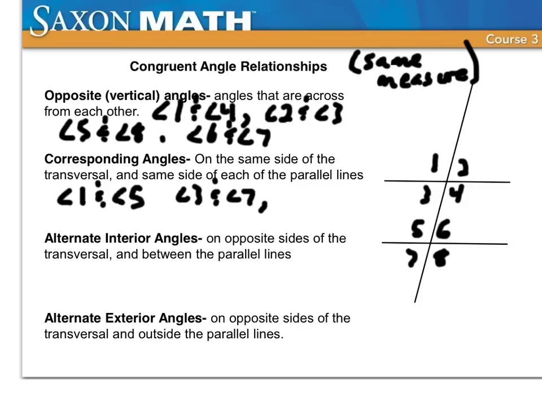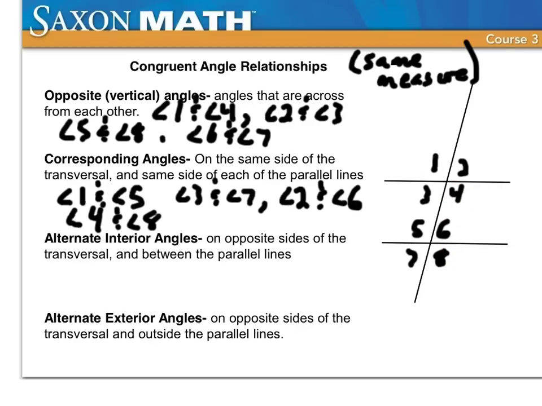Then we could have angle 2 on the right side and angle 6, because they are both on the right of the transversal and on top of parallel lines. And then we would also have, can you see the other ones? It would be angle 4 and angle 8, because they're both on the right of the transversal and below a parallel line.